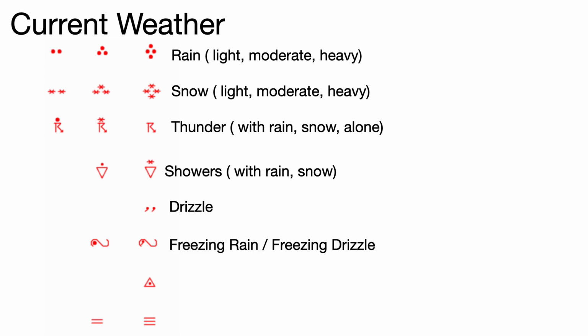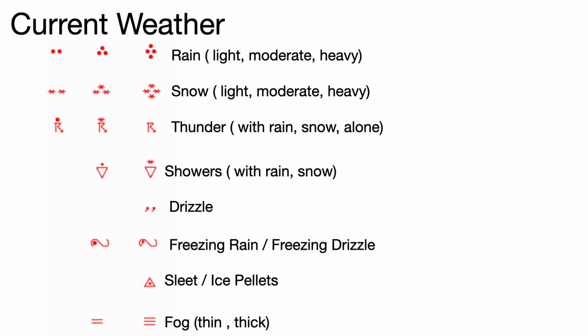Freezing rain or freezing drizzle will be a squiggly line with a dot for freezing rain or a squiggly line with a comma for freezing drizzle. Next we have the triangle with a dot inside. This stands for sleet or ice pellets falling. And the last one is fog. 2 lines would be thinner fog, 3 lines would be thicker fog.